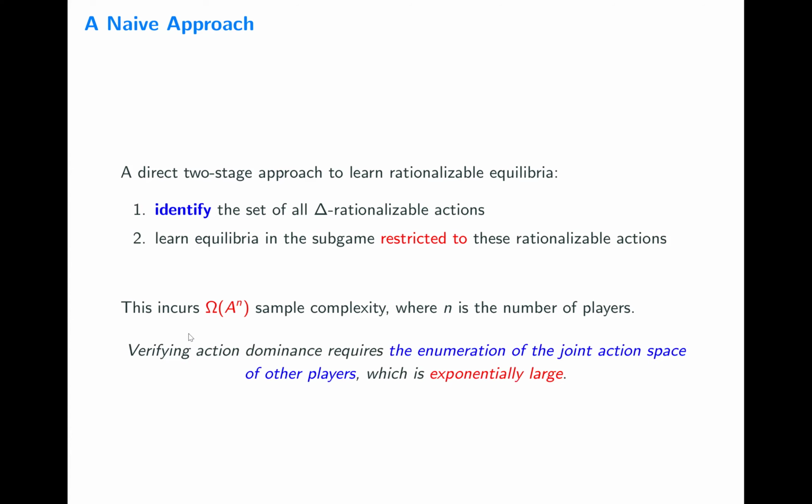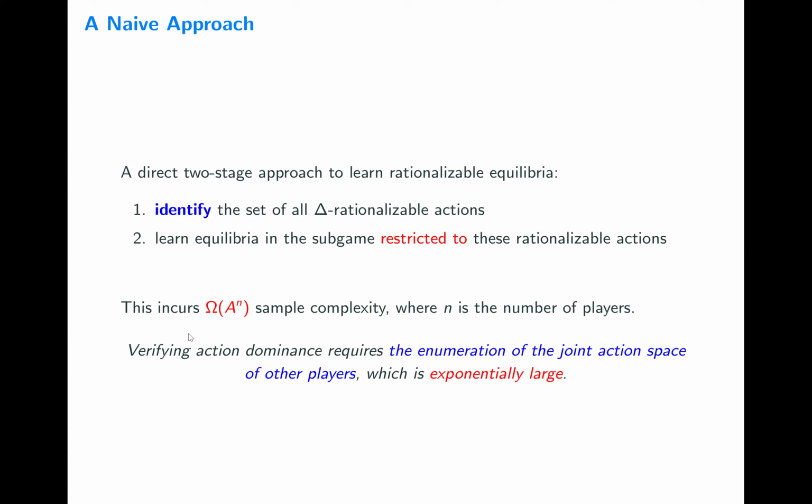Okay. So the reason we incur this exponential sample complexity is the verification of action dominance. Essentially, if we say one action is a dominated action, we need to show that in all scenarios, no matter what the other players are playing, this action is strictly worse than some other policy. That requires us to enumerate all the joint actions of the other players.